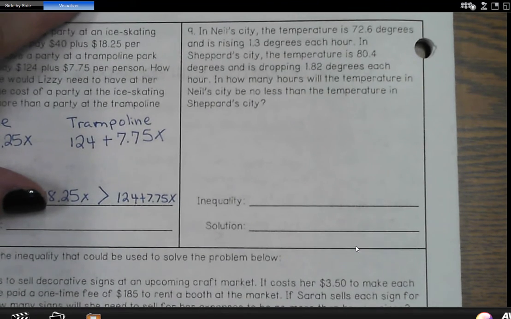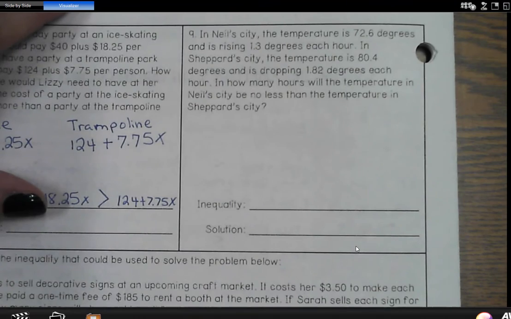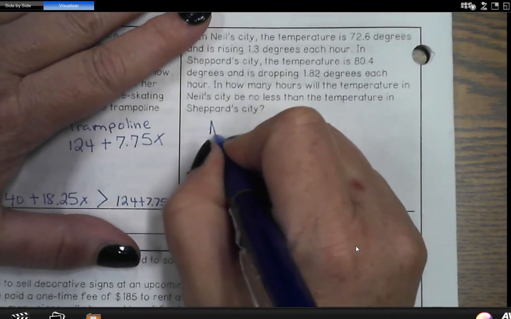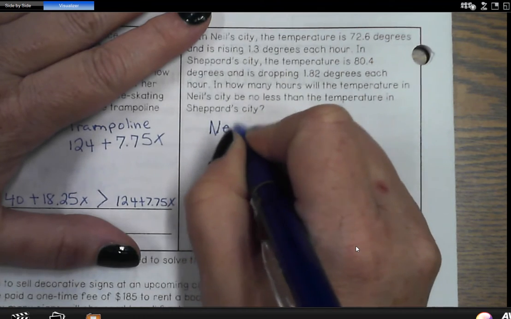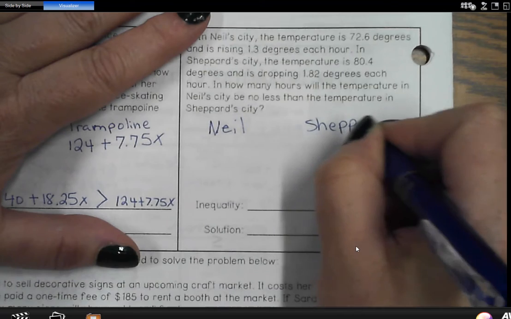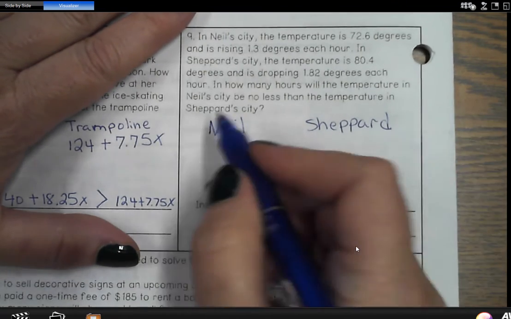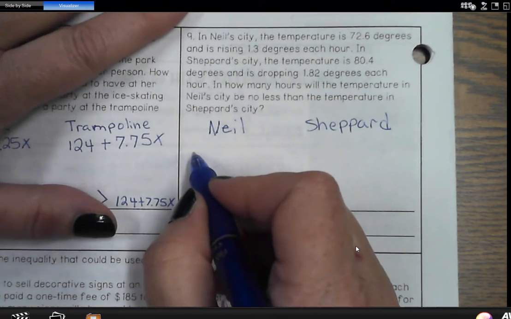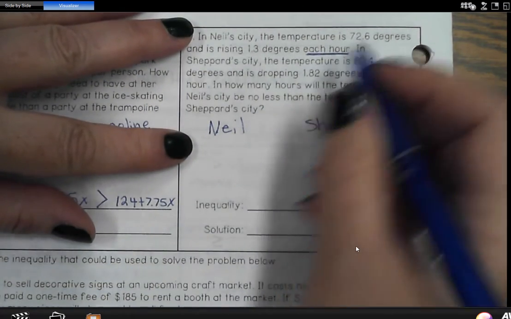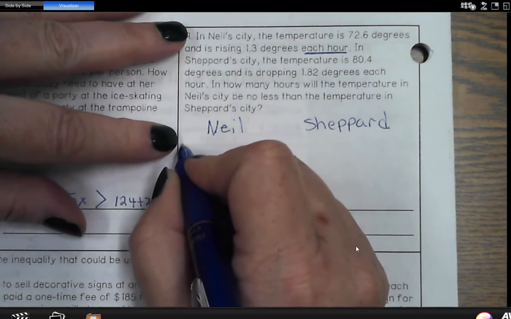Okay, so I have got Neal City and Shepherd City. Neal is 72 degrees and rising 1.3 degrees each hour. That's where your X is. So that would be what?